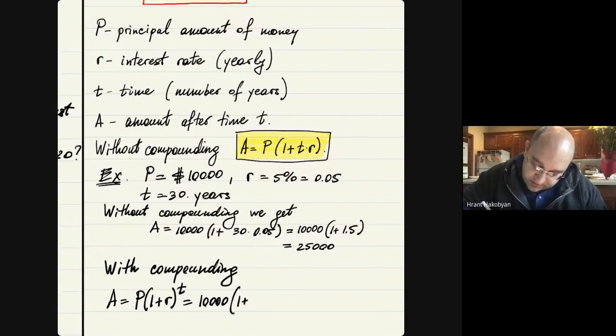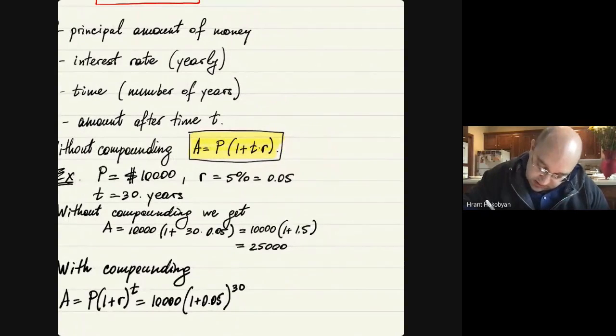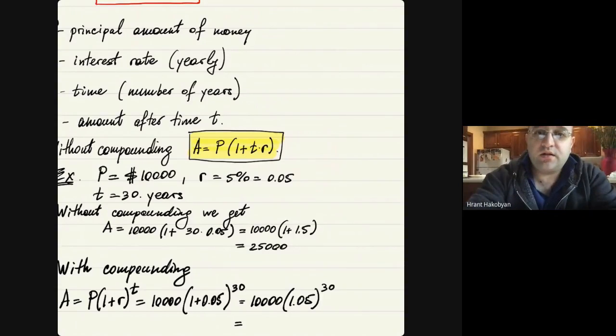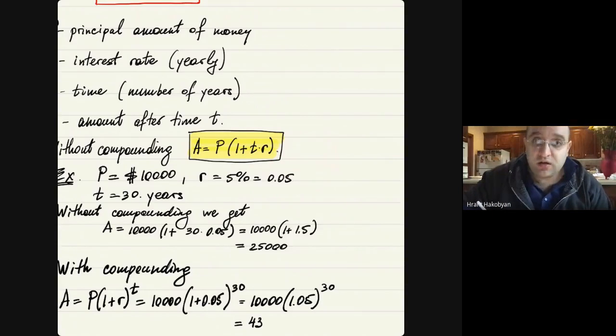Then I take 5%, and I raise that to the power 30. So that's 10,000 times 1.05 to the power 30. Let's see, I'm going to check that on the internet. So it's 10,000 times 1.05 to the power 30. What we got is 43,219, approximately, of course.